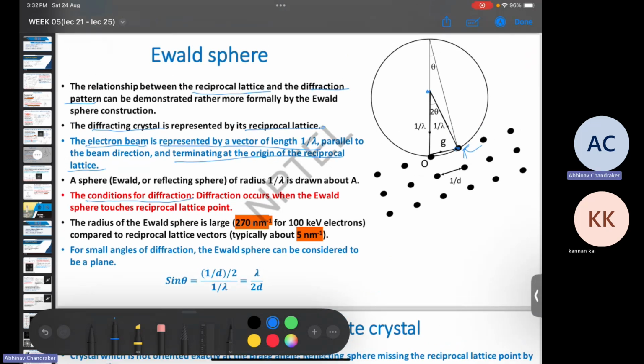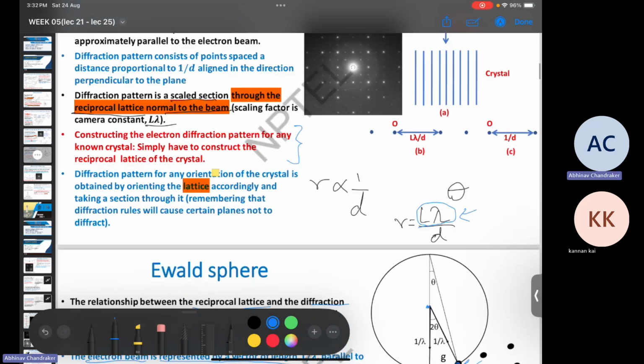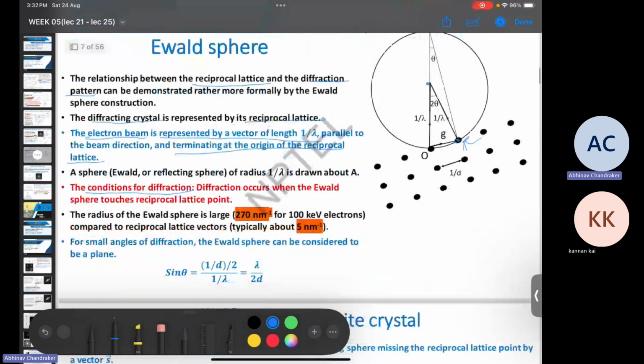How we can derive this is something like this. We have already looked at camera constant, right? R by D equal to R by L equal to 2 theta, which is equal to lambda by d.